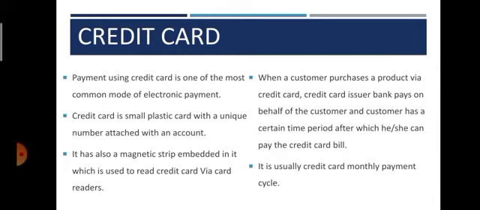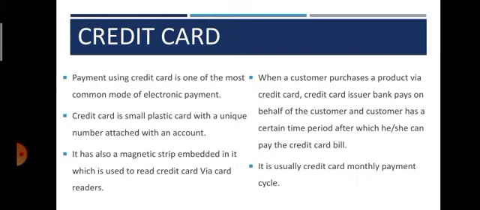Payment using credit card is one of the most common modes of electronic payment. Credit card is a small plastic card with a unique number attached to an account. It also has a magnetic strip embedded in it, which is used to read the credit card via card readers.